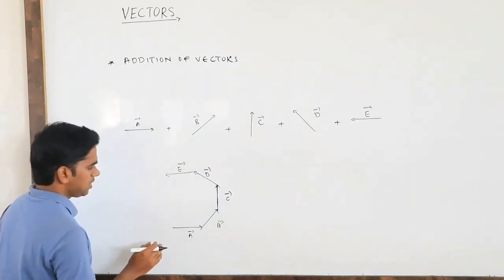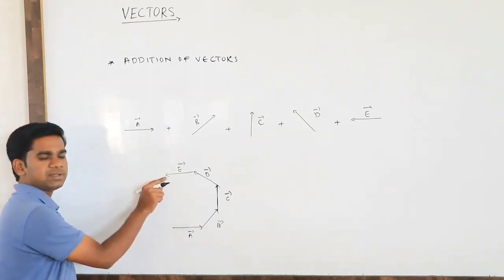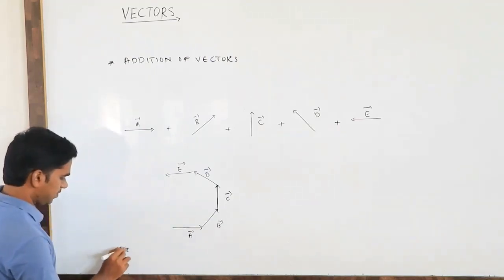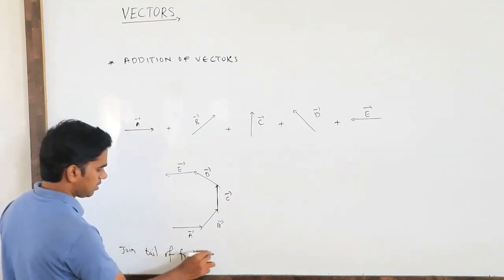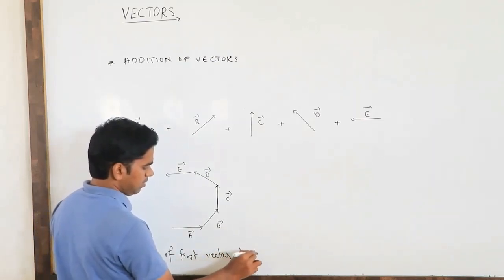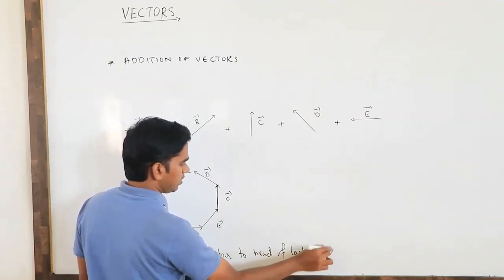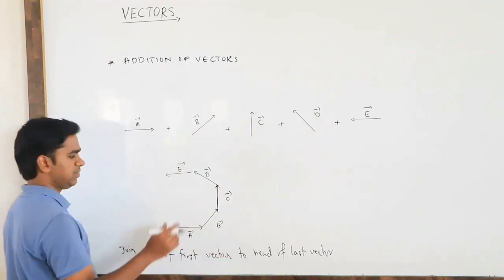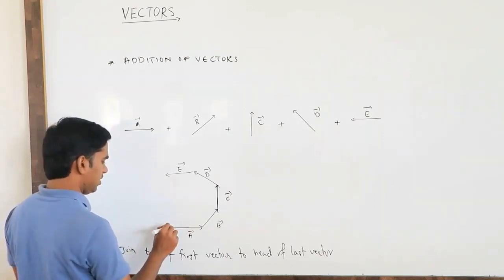So I will take the tail of the first vector and the head of the last vector and join them. Join the tail of the first vector to the head of the last vector.